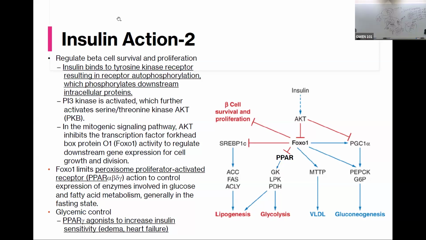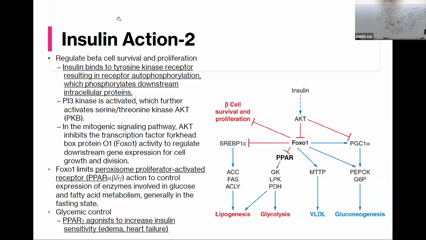Take a look and think about it carefully. PPAR gamma, or the PPAR system, is involved in glycolysis, the use of sugar. That's the reason we have drugs called PPAR gamma agonists, because we want to process sugar when you have diabetes. Does that make sense? But FOXO1 inhibits PPAR.